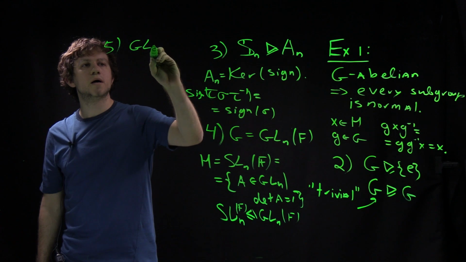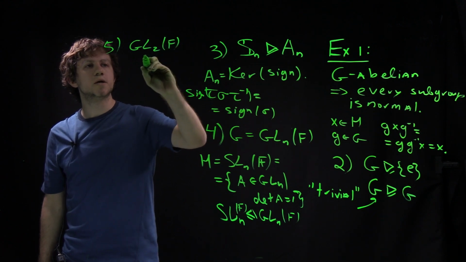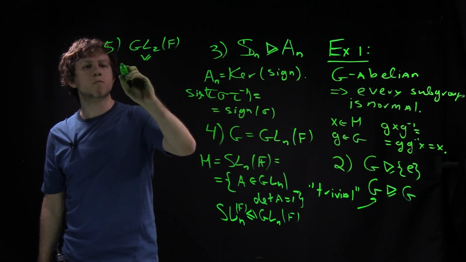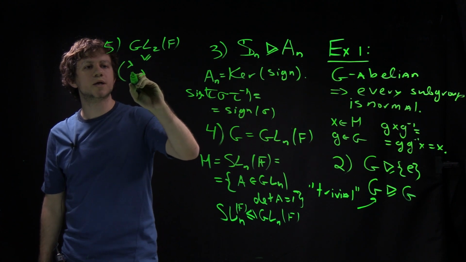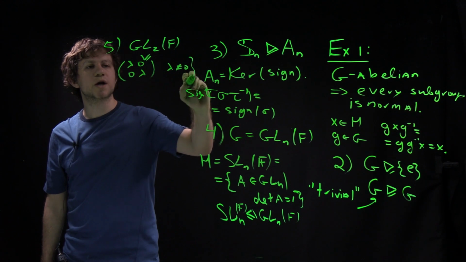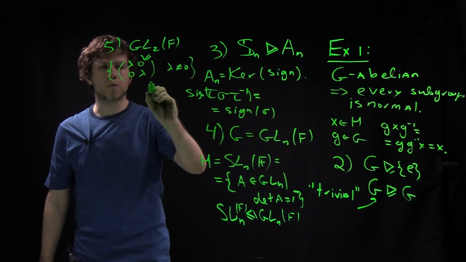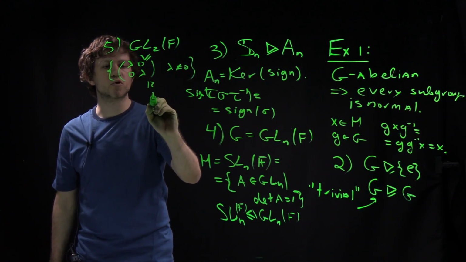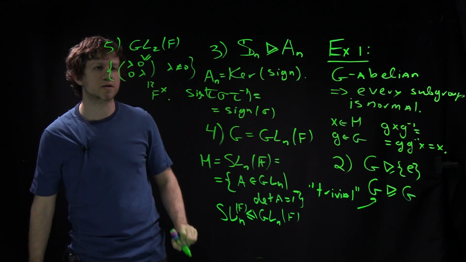So one can take, for instance, GL_2, and inside you can look at matrices (lambda, 0; 0, lambda), where lambda is non-zero. Such matrices, as one of the homework problems said, form a subgroup isomorphic to F as a multiplicative group.